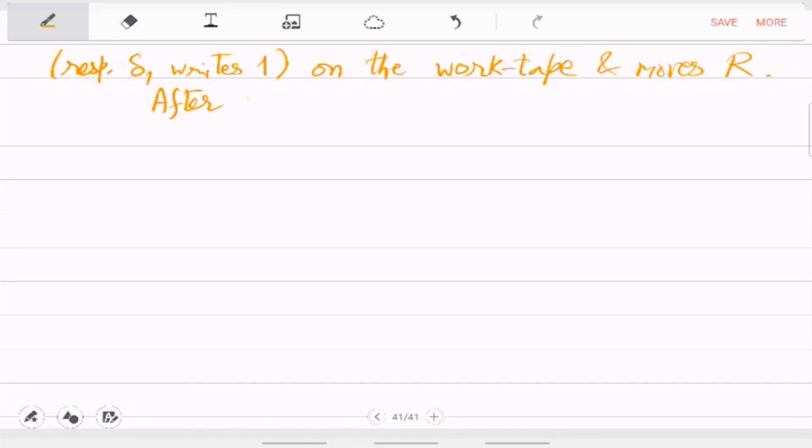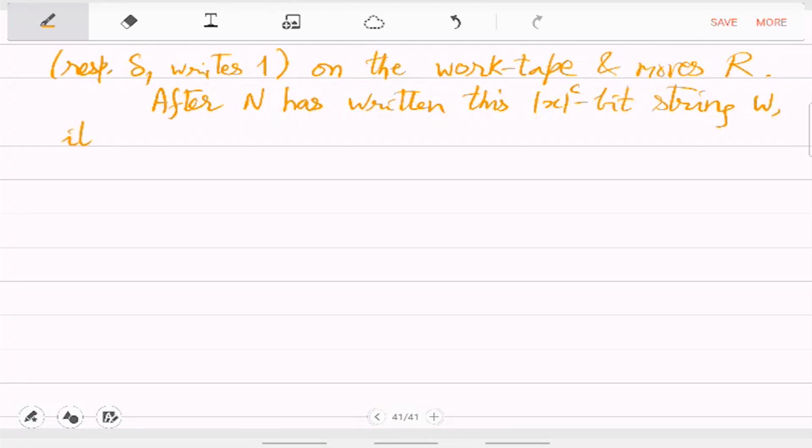After N has written this x to the c bit string w, it simulates M on x, w. Now the simulation happens, and whatever is the result, it is output by N as the answer.